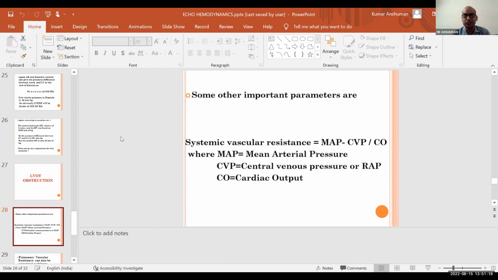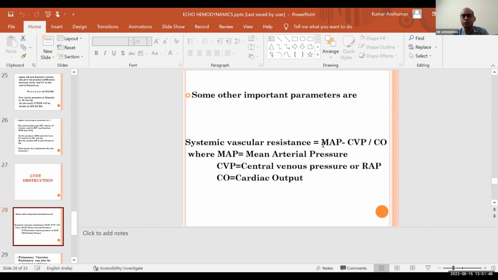Whether the patient's sepsis is getting controlled or not, you need systemic vascular resistance. The critical care people use Swan-Ganz catheter apparatus and central monitors to ascertain this, but with simple echo you can measure systemic vascular resistance, that is the mean arterial pressure minus central venous pressure divided by cardiac output.